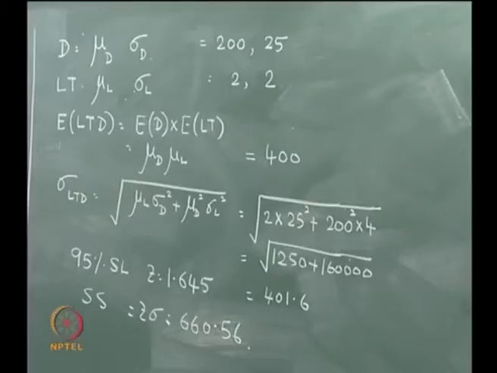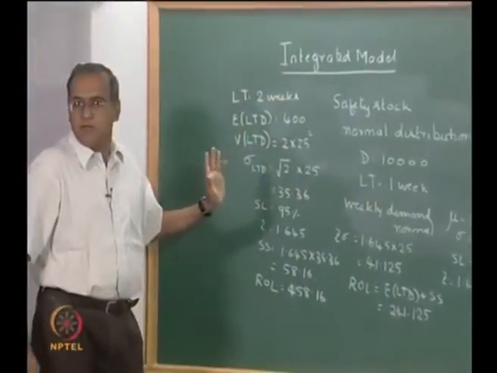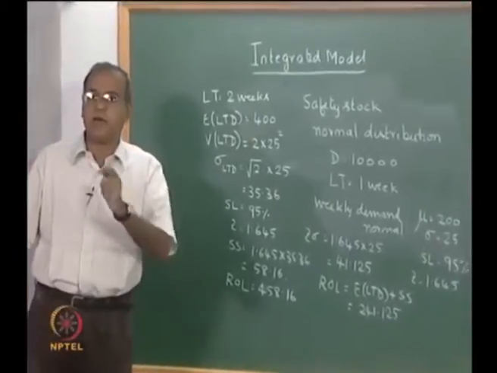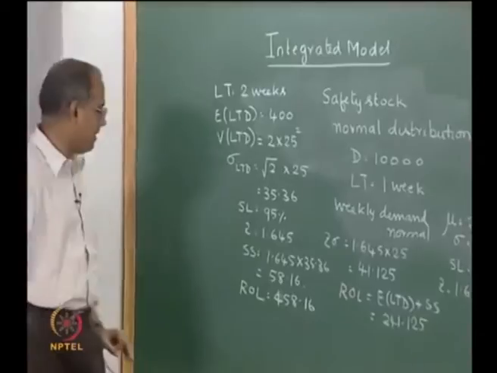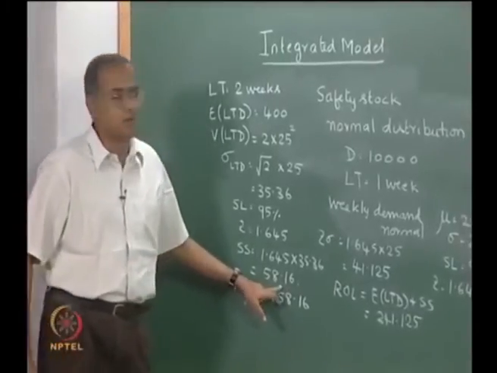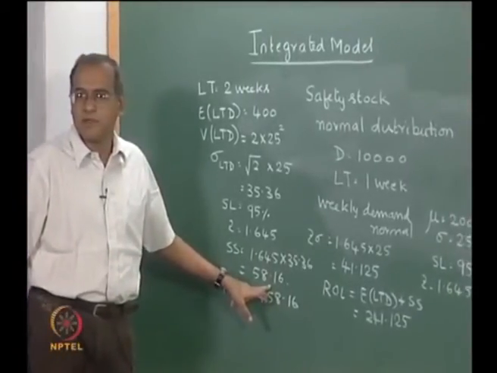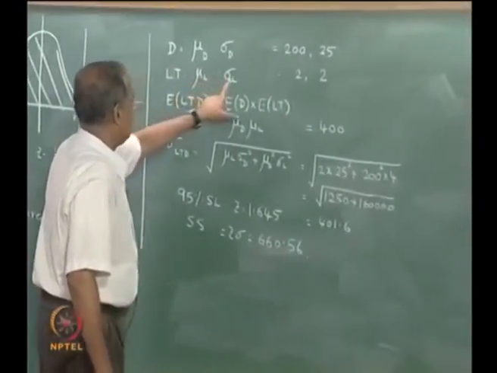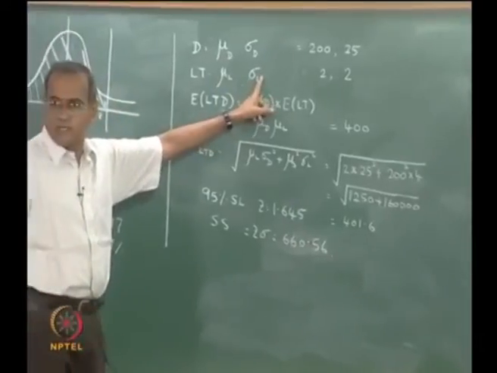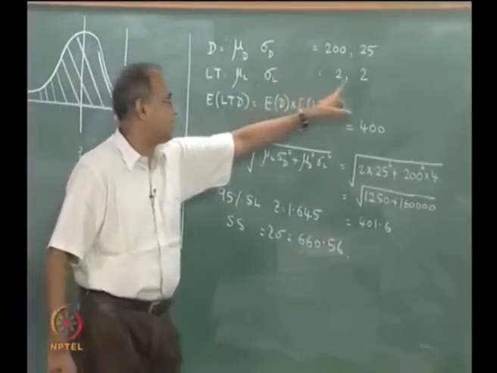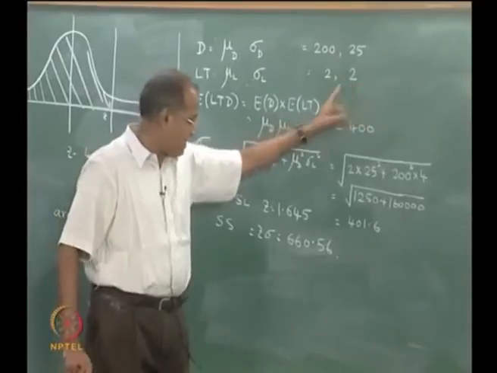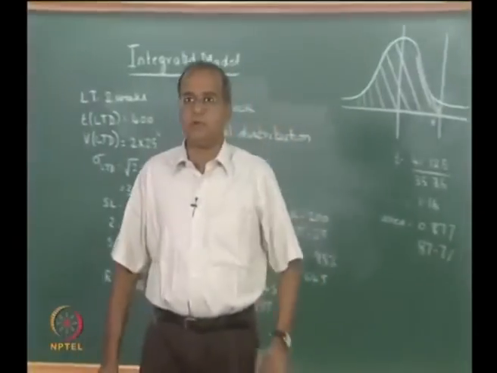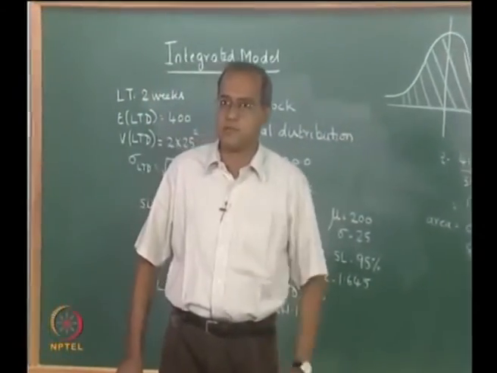So now the same scenario that we saw when the lead time did not show variation, which means sigma lead time was 0, gave us a safety stock of 58.16. The moment we have the lead time also showing variation, with sigma equal to 2, we realize that the safety stock has moved up to 660.56 units.